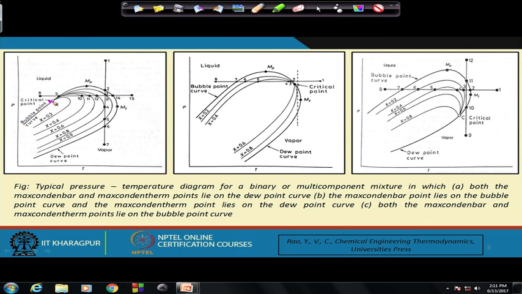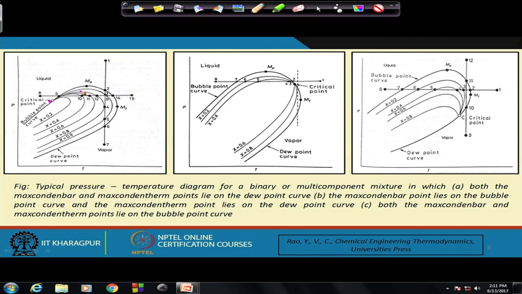The bubble point curve comprises only liquid phase, the dew point curve comprises fully vapor phase, and in between there are a large number of curves which are actually constant quality lines.